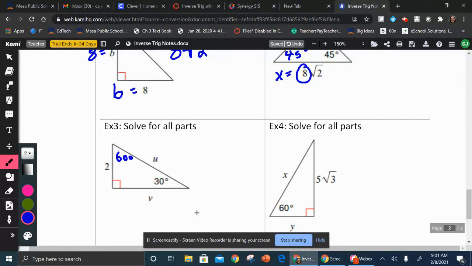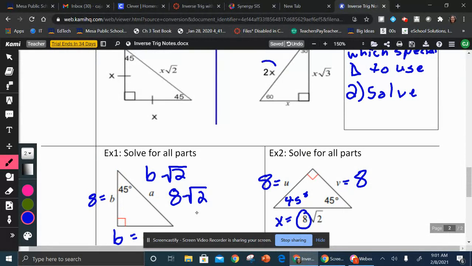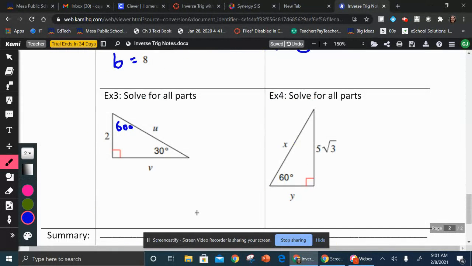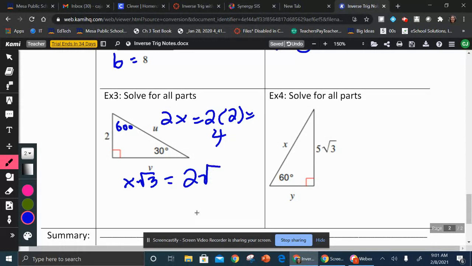If this is 2, that means this one is going to be, do you see 2x? So this is 2x, and this is x times the square root of 3. So this is going to be 2 times 2, which is 4. And this one's going to be 2 square root of 3.